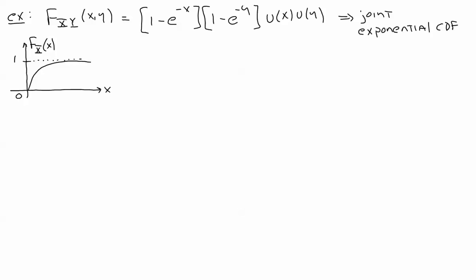That's sort of a 1D version of my joint CDF. That's in just x, and that's supposed to be a capital F. Okay, that's a capital F. And what I'm going to ask is, what is this probability?